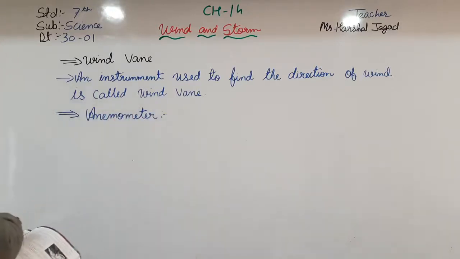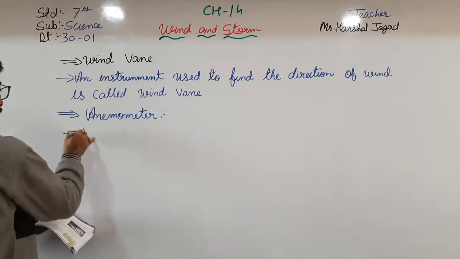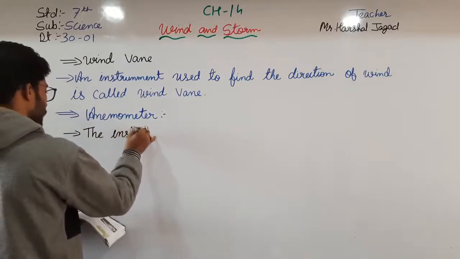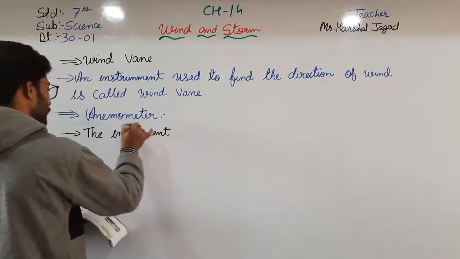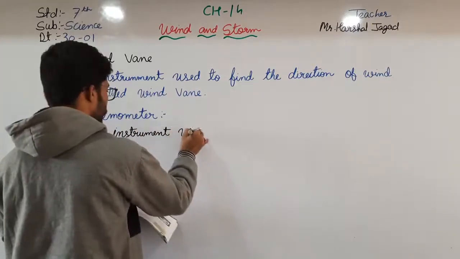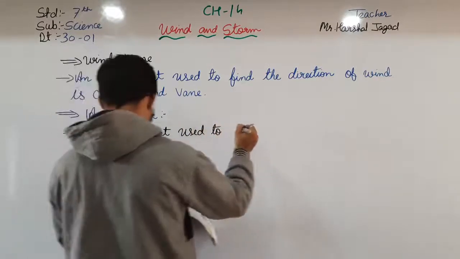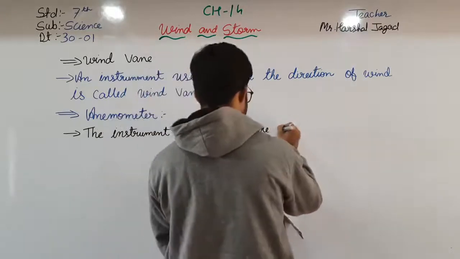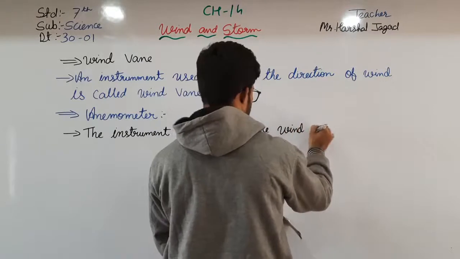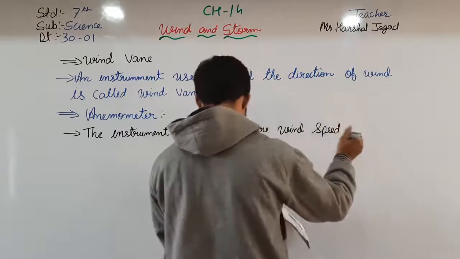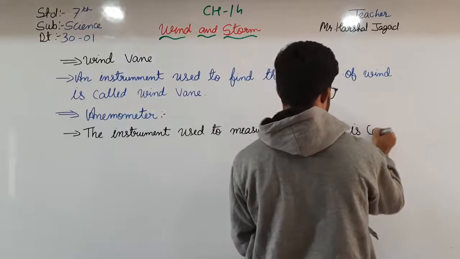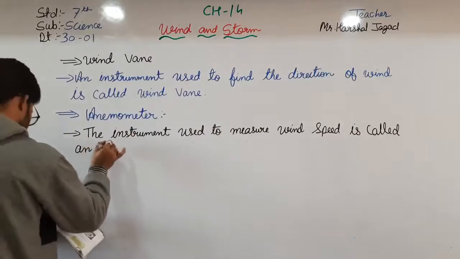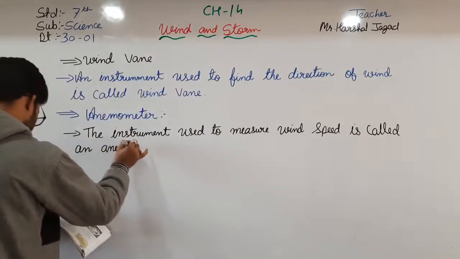The instrument used to measure wind speed is called an anemometer.